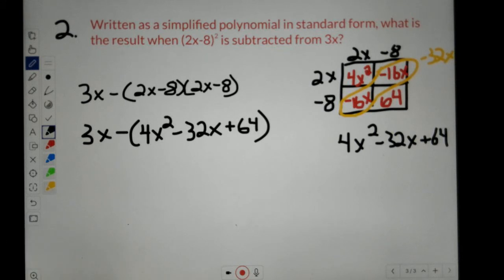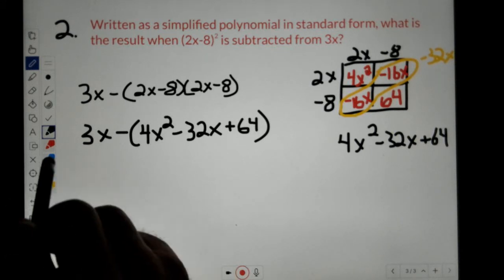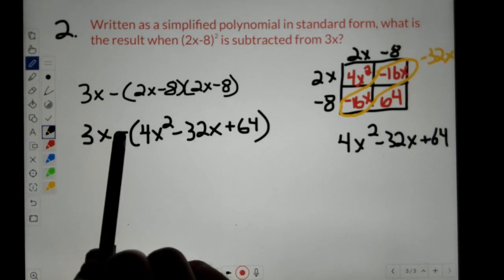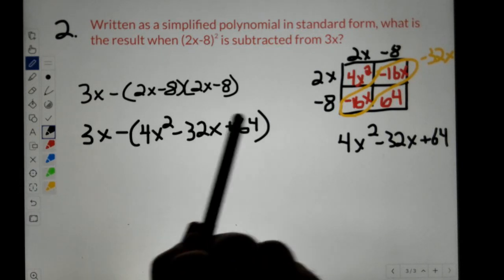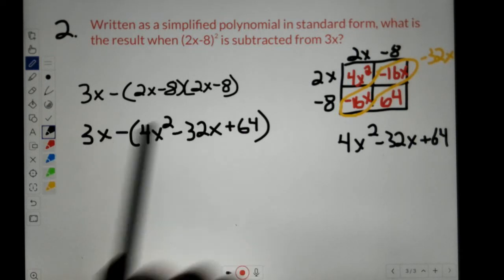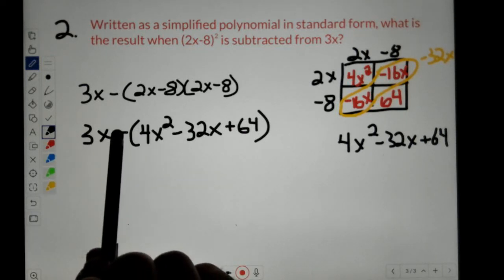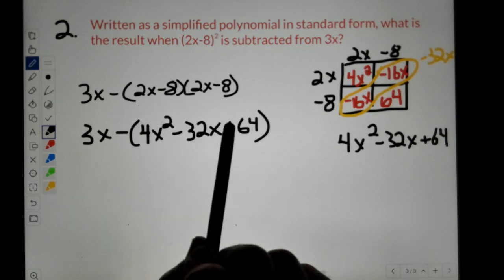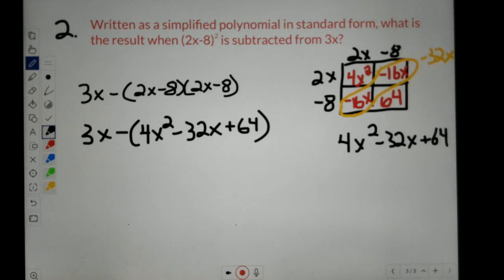So now we have to use the distributive property again, where we are distributing this minus sign to each one of these terms. So it's going to be 3x minus 4x squared, and then minus negative 32x, and then minus 64. So let's go ahead and continue distributing.